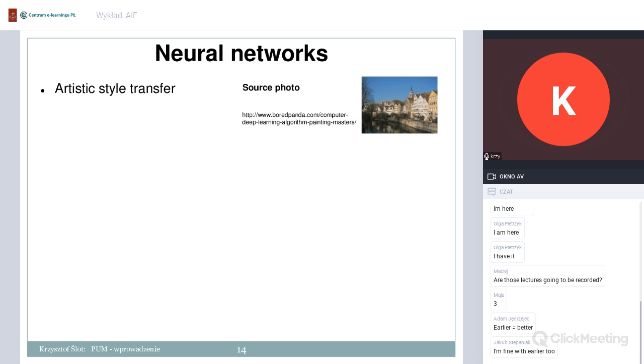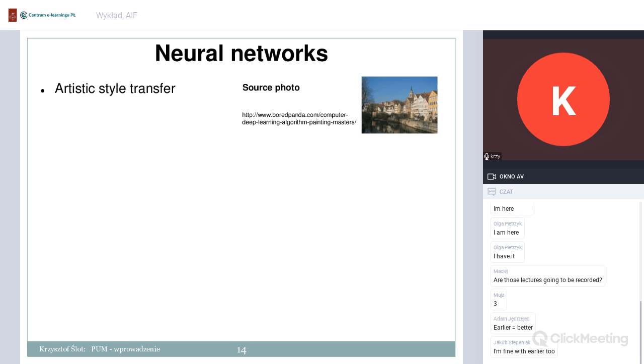One of the also, I think, well-known applications of neural networks is in something that is called artistic style transfer. The whole point is that we have a network, this algorithm. We first try to train this network to understand and use some particular artistic style.